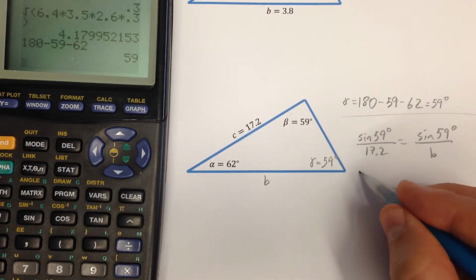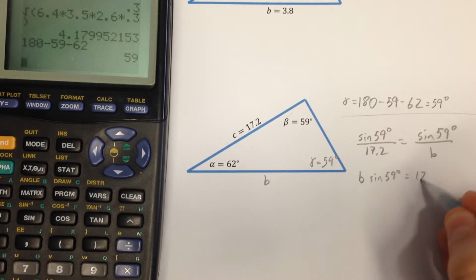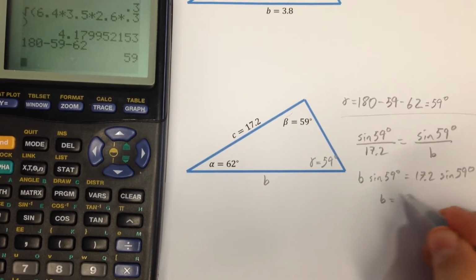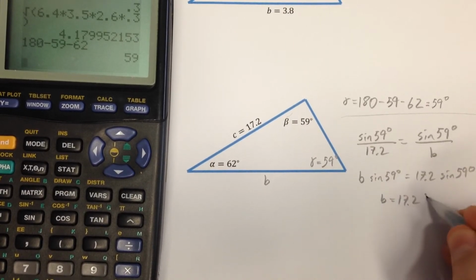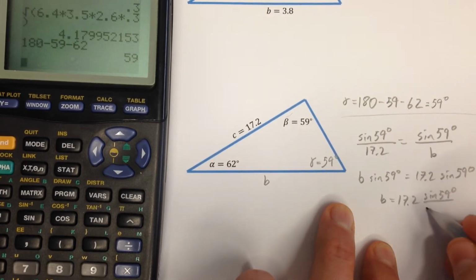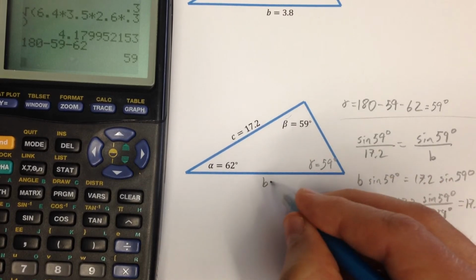So cross multiplying, you get B sine of 59 degrees equals 17.2 sine of 59. Divide. And of course, if you didn't have 59 and 59, this would give you side length B. It just so happens that here I get a calculation that's so easy. Sine 59 over sine 59 is 1, so this is 17.2.